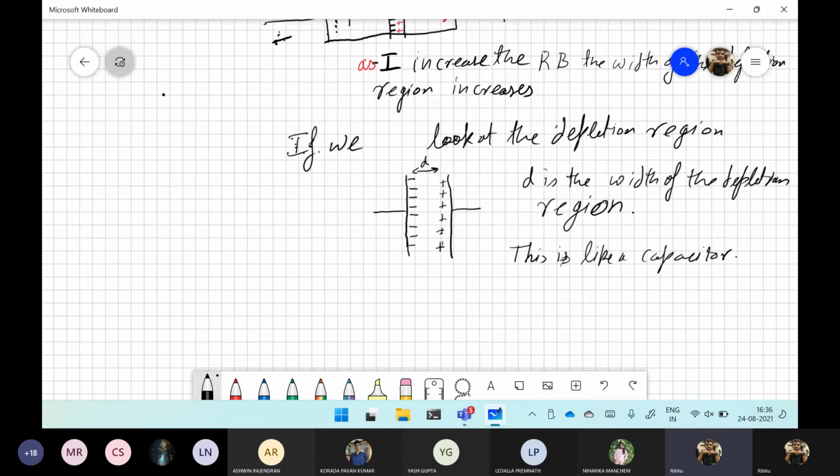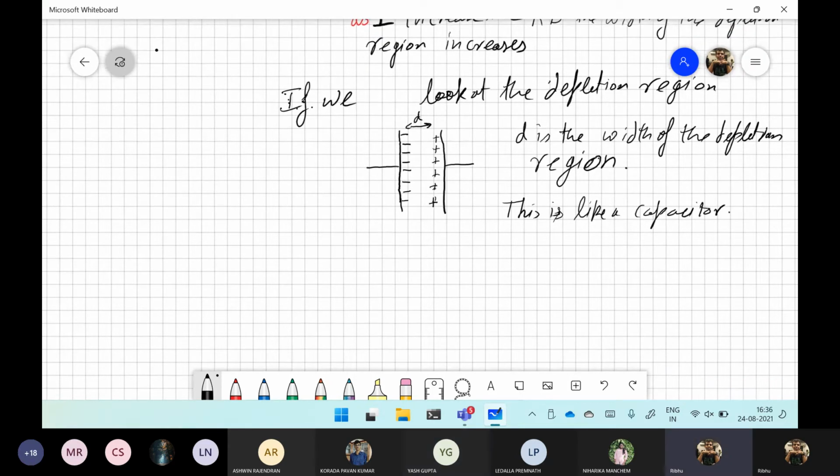So this is like a capacitor. Have you heard of the term parasitic capacitances? Do you have a course on VLSI circuit design this semester?